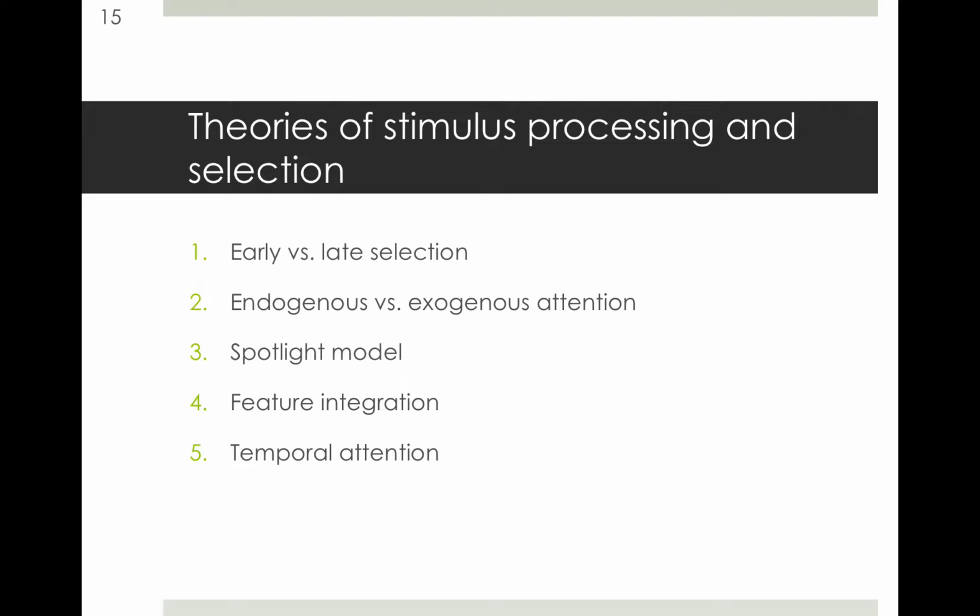For instance, if you're just looking at this number 4 on the slide right now, it has a certain shape, it has a certain color, and it has certain lines or junctions. Those are all different features. You need to use attention to combine the features of the lines and the shape and the color. If you had no attention, you wouldn't be able to integrate those features.